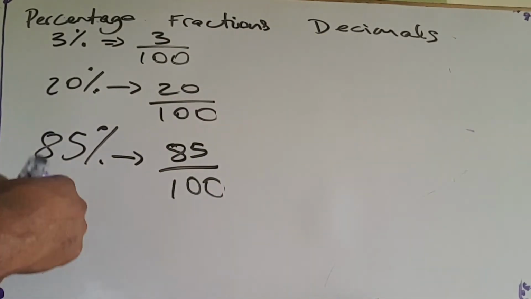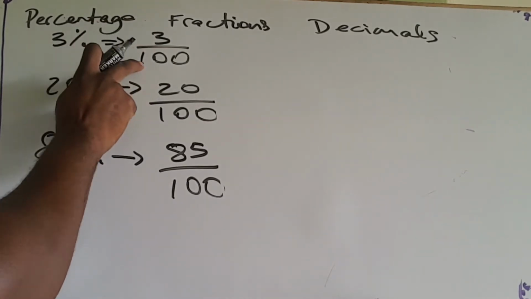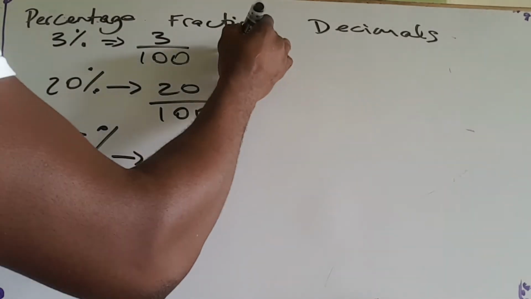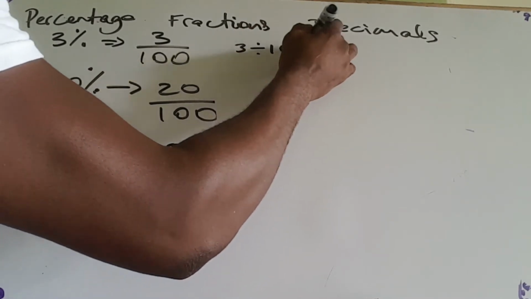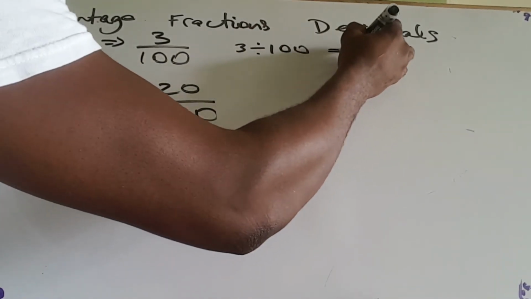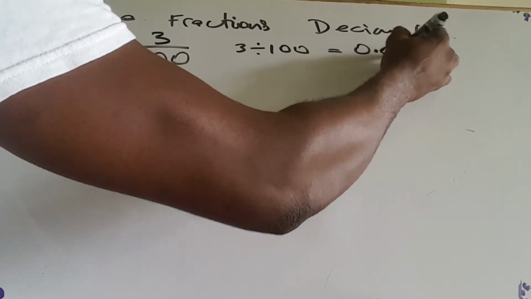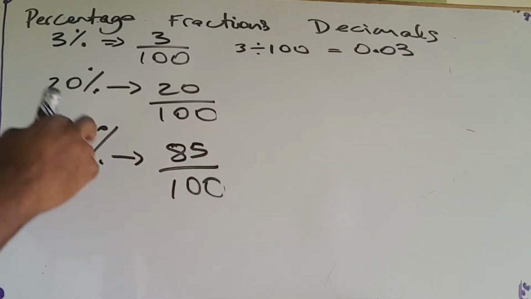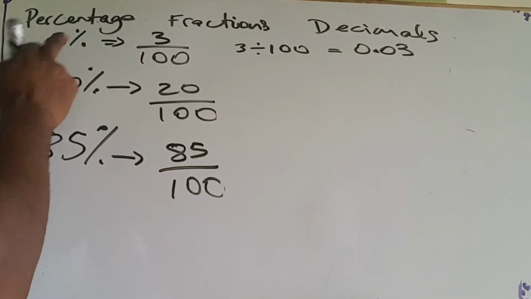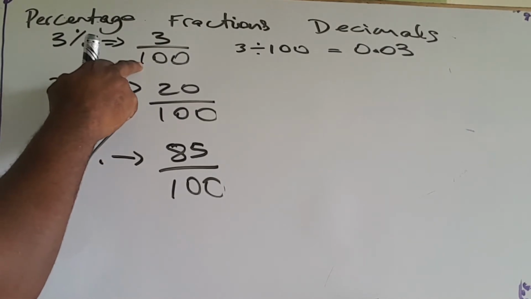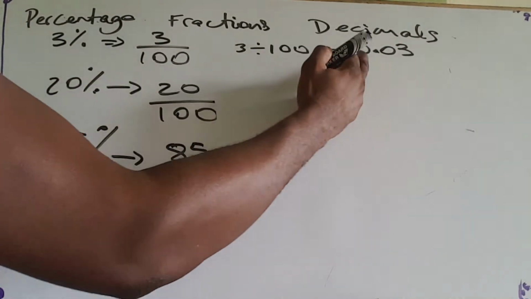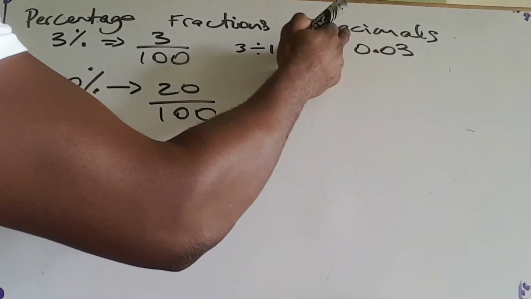For example, this means 3 divided by 100, which really means 0.03. So 3% is 3 over 100 as a fraction. Also, it's 0.03 as a decimal.